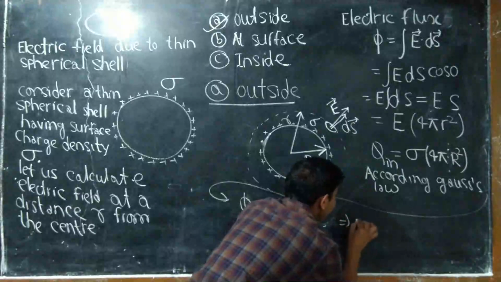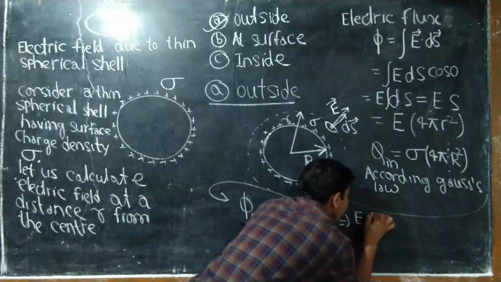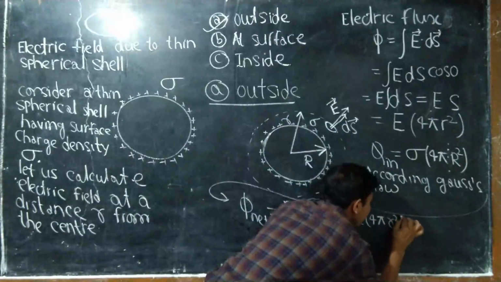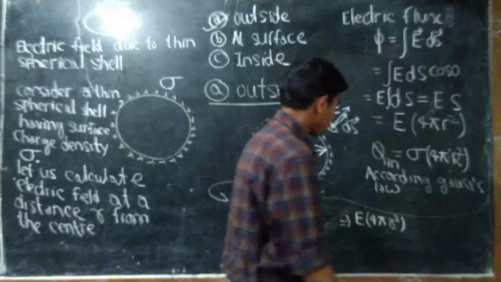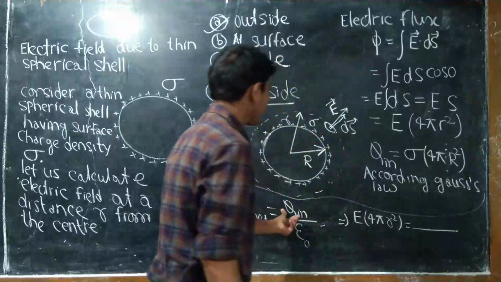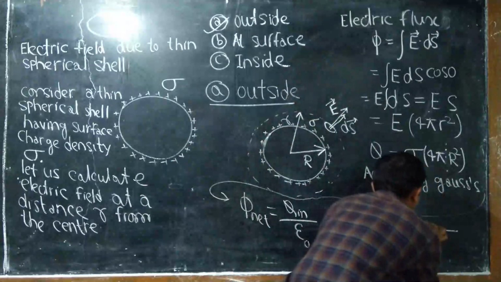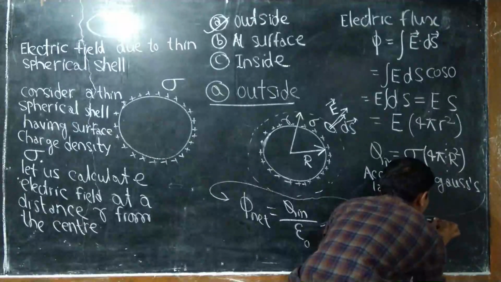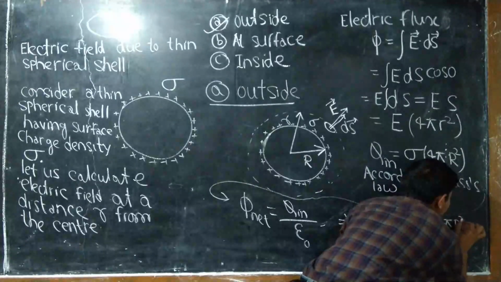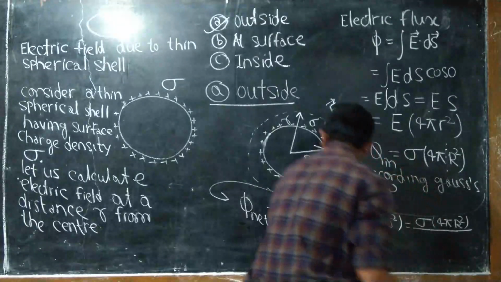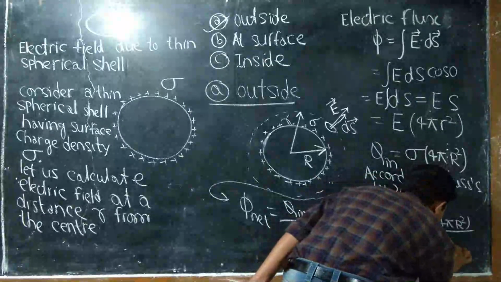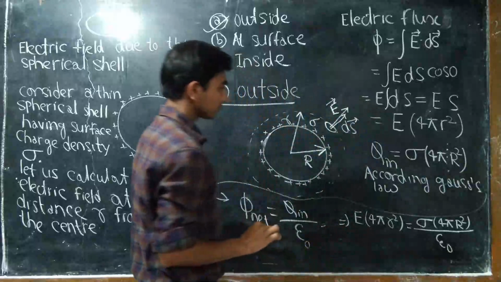So I am substituting the value E into 4 pi r square, and again Q in. This is your Q in. Q in is sigma into 4 pi R square, and in the denominator epsilon 0, right?